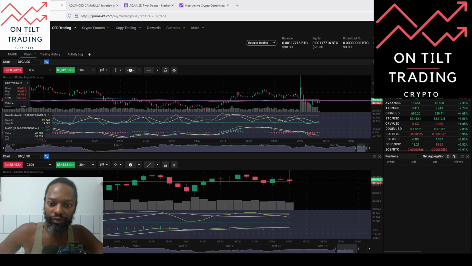Let's go in a little closer here. So this is flat on the 30, got a crossover. This candle here is showing indecision, but it's showing above.